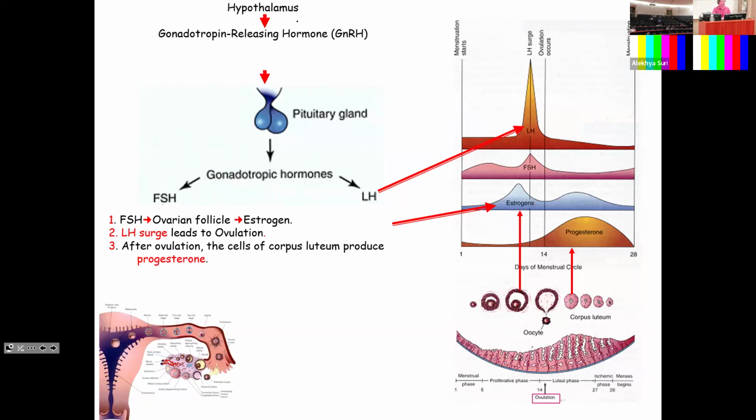It starts with the hypothalamus that produces gonadotropin releasing hormone that will act on the pituitary gland, or the hypophysis, and is responsible for producing two essential peptides, which are FSH, follicle stimulating hormone, and LH, luteinizing hormone.